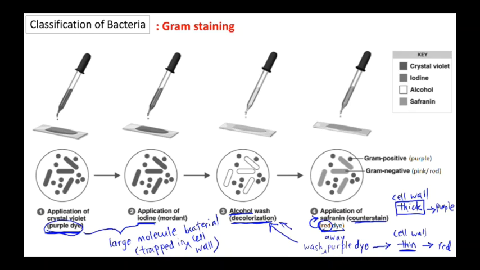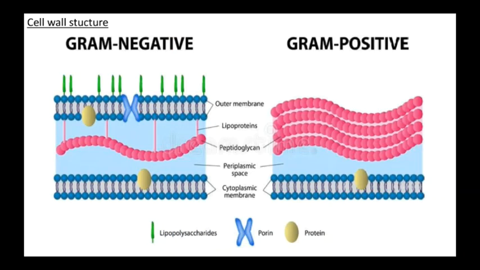And from this color, based on gram staining, we can differentiate what type of bacteria they are. And this is all because of the cell wall structure of the bacteria. We can classify bacteria as gram-negative or gram-positive.